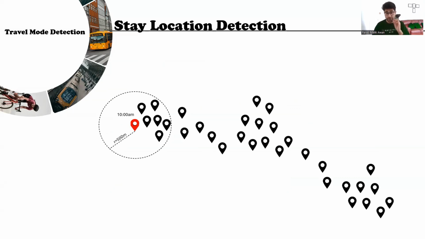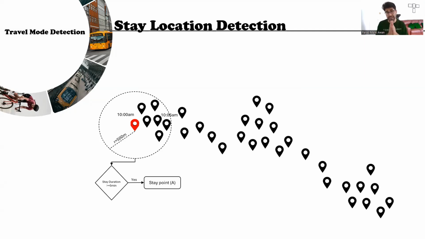And then using the timestamp of the last GPS point within that GPS cluster, we check if that particular user stayed in that location for at least 5 minutes. If yes, that particular cluster area, that location, is labeled as a stay location.